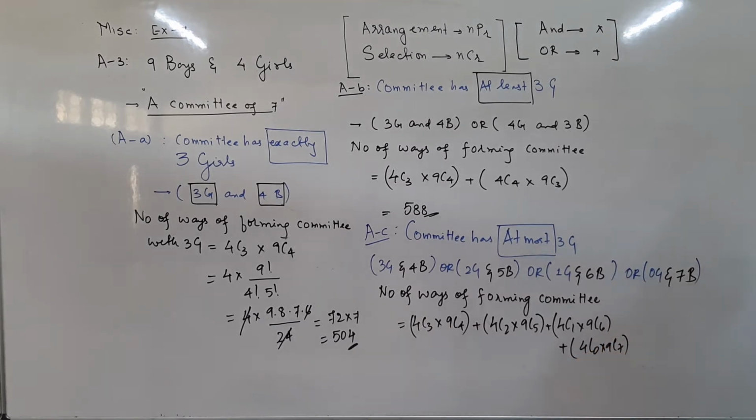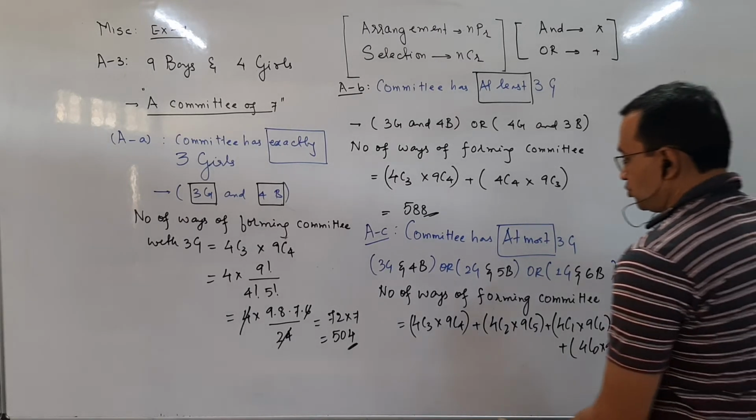So 4C0 into 9C7. This is simplified as 1632 ways.